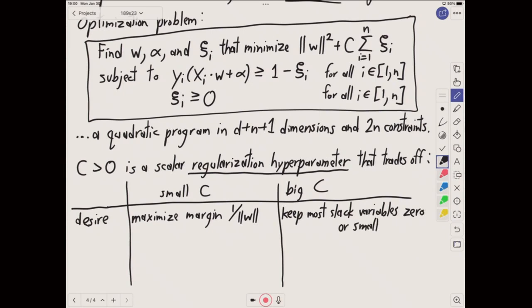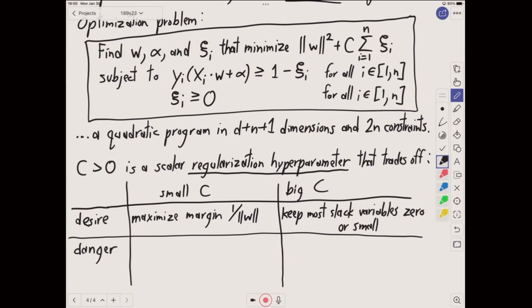And so you can choose C anywhere in the middle to trade off these goals. Now, if you choose C too extreme in one direction, you won't get as good a classifier as if you choose the optimal C, which is usually somewhere in the middle.